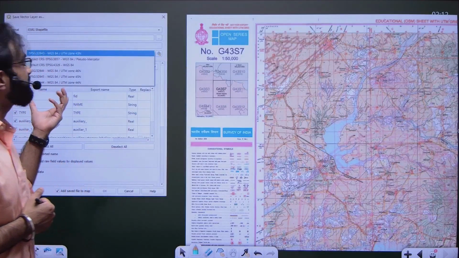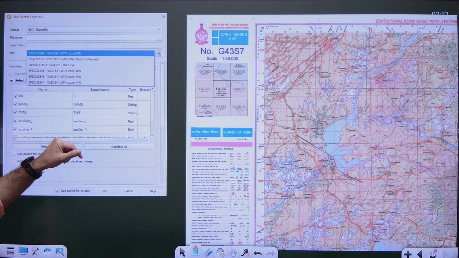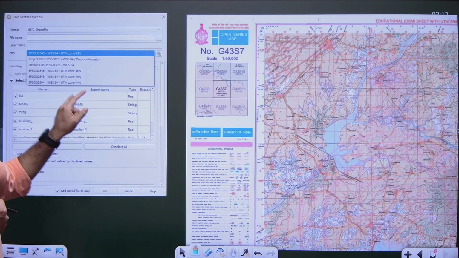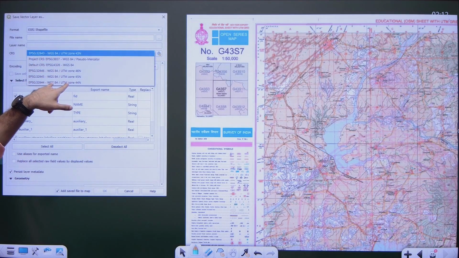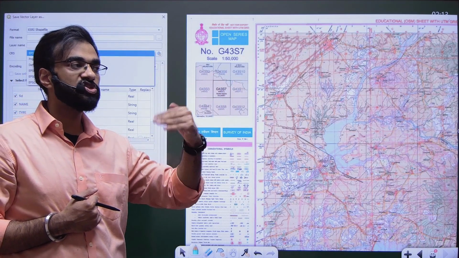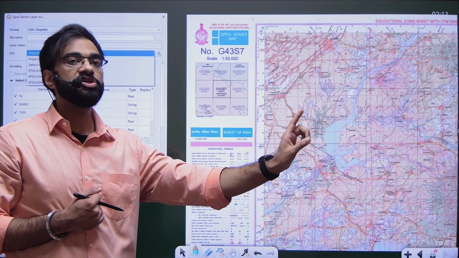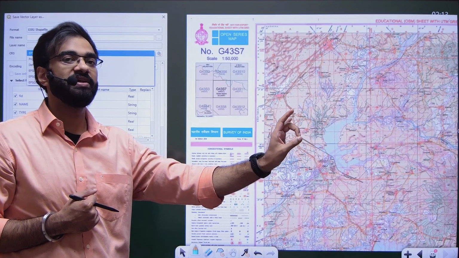Whenever you might have seen this if you have worked in QGIS, whenever you export or open a project, there is an option for you to select the projection type, the coordinate system, and the CRS in which you would like to assign the address to that particular shape file, that vector or raster data.